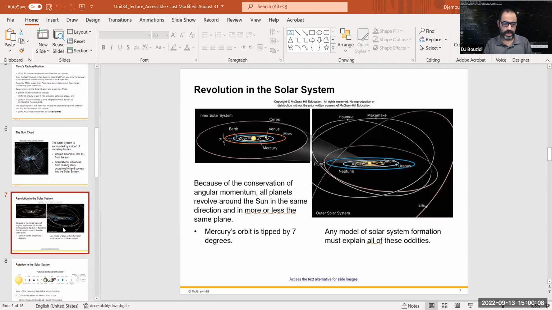So again, forget about these outer objects in here, the TNO objects. All of the other objects orbit the sun more or less in the same plane. And it has to do with the conservation of angular momentum. The key concept here that comes from mechanics is angular momentum.